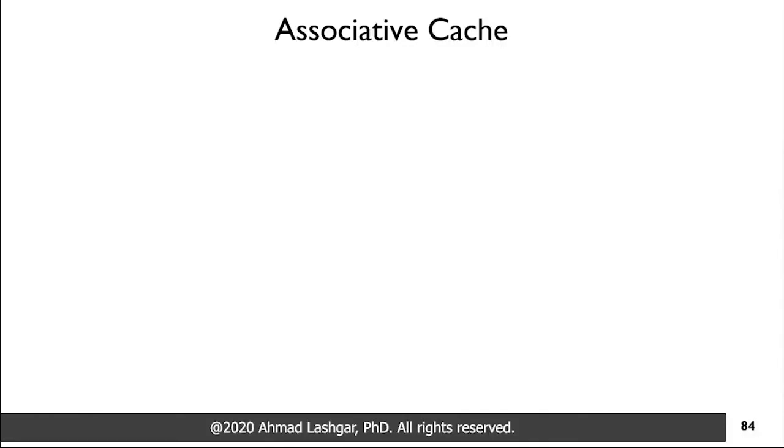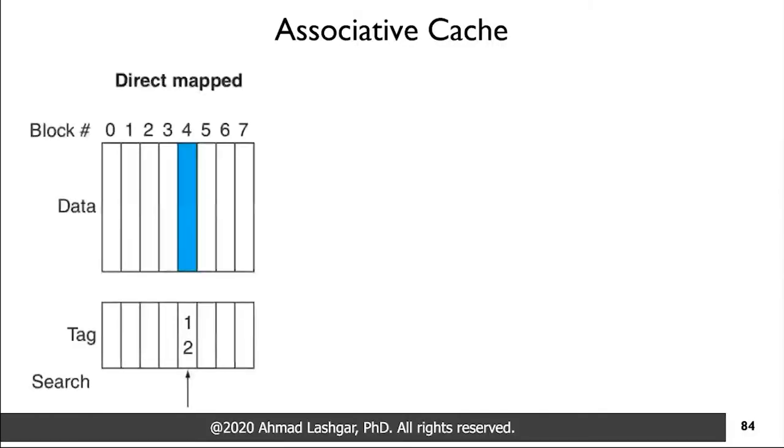Let's compare associative cache to direct map. When searching a block in a direct map cache, there is only one possible spot in the cache for the block to be. If the line is there, that's a hit, otherwise that's a miss. With associative caches, we have more than one spot in the cache, and we have a set of spots.